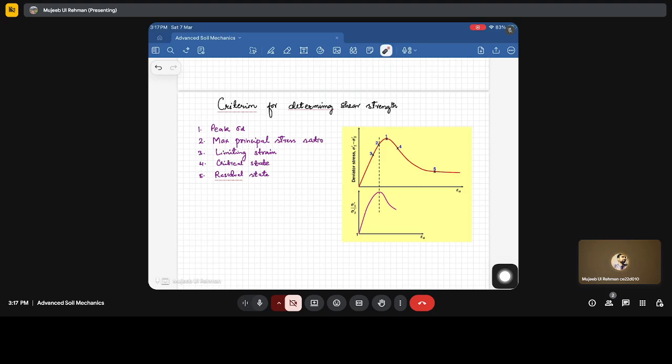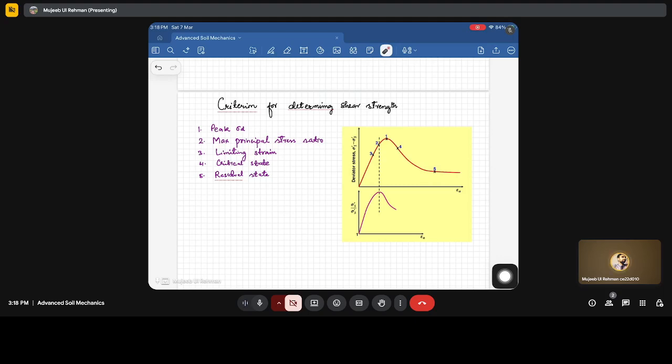At this residual state, narrow shear zones form due to the reorientation of clay particles. This condition generally develops when large strain has occurred, as in landslides or slow failures. So in those cases, we can consider this residual state, or point 5 on the stress strain response, as a criterion for determining the shear strength.